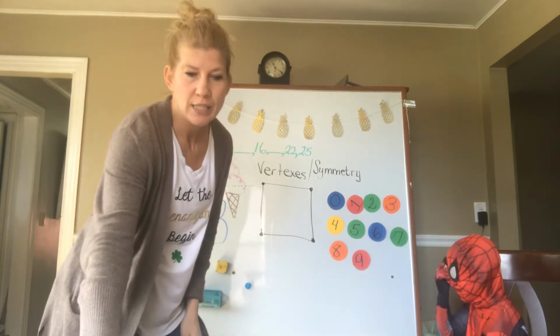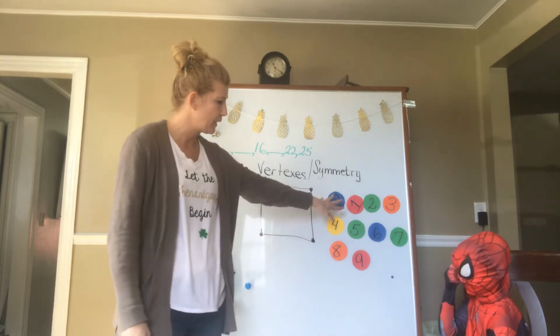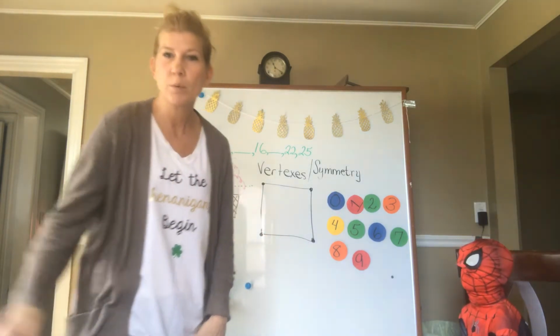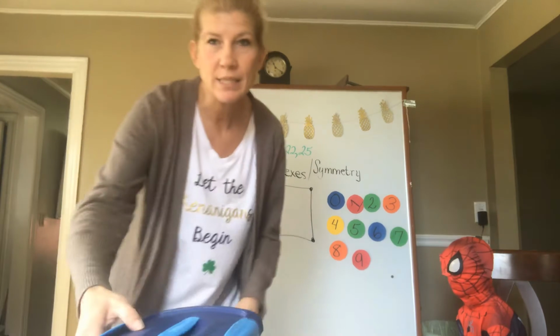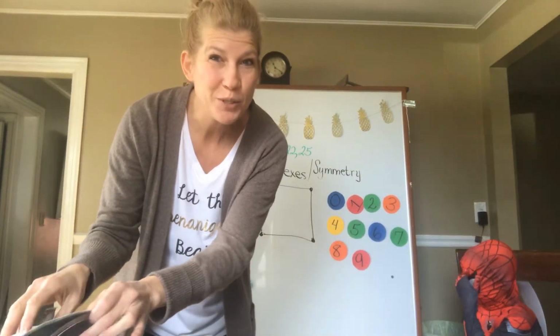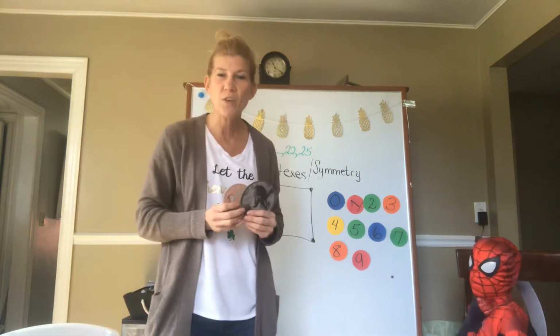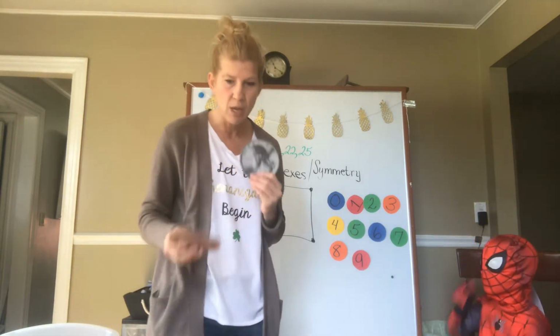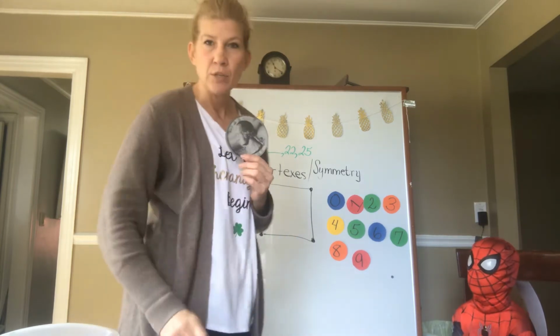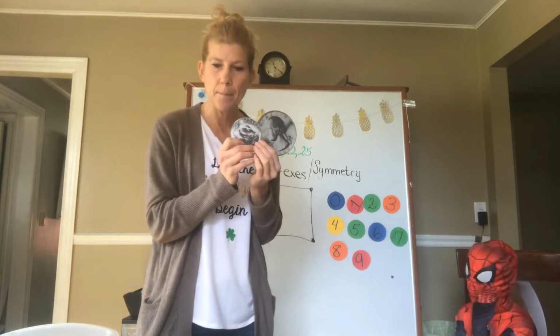Now, the last few things that I want to talk about are some things on the board. We're going to play a game in just a minute. But before we do that, I want to look at some money. So when we're looking at our money, I'm just going to pull some money amounts and ask Spidey, maybe you can help me figure out how much money I have. I have a, did you say quarter? Good job. And a dime.